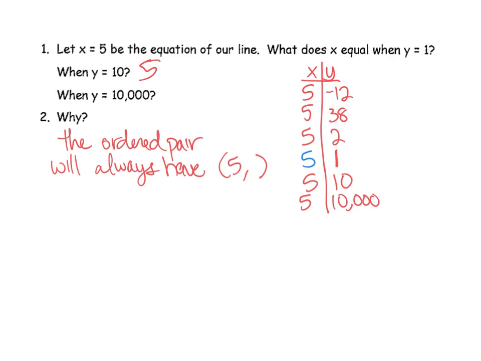And they told us x equals 5. This line is not going to be slanted or tilted or anything. This is going to be just a straight line, but is it vertical or is it horizontal? That's what we still need to discover.